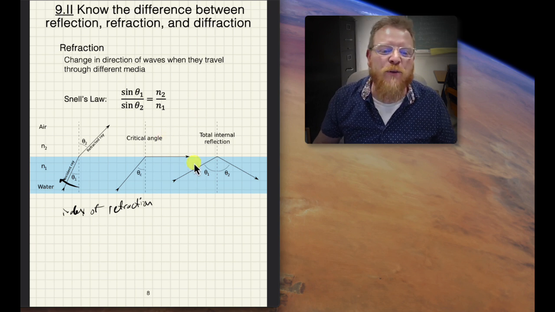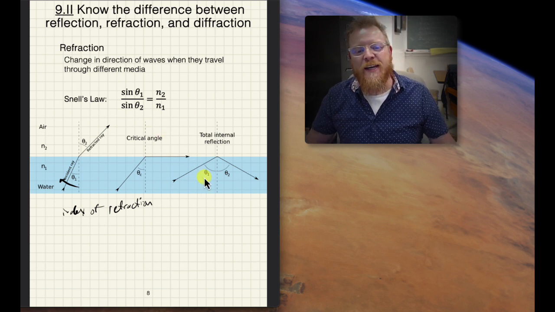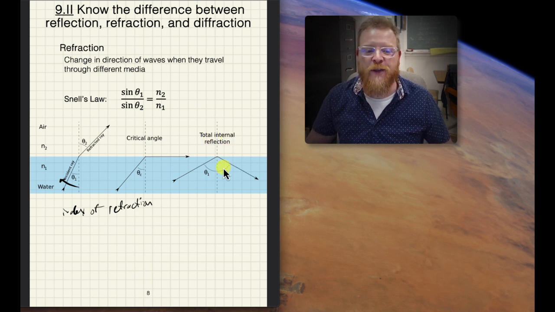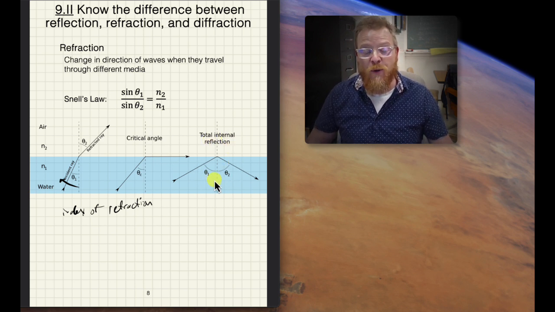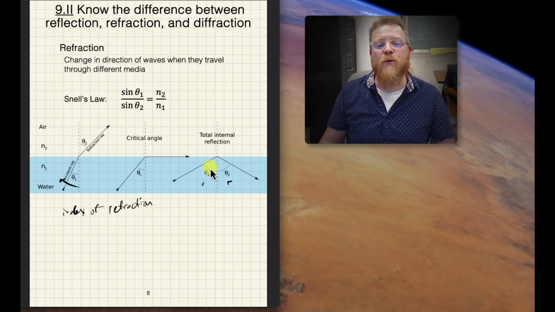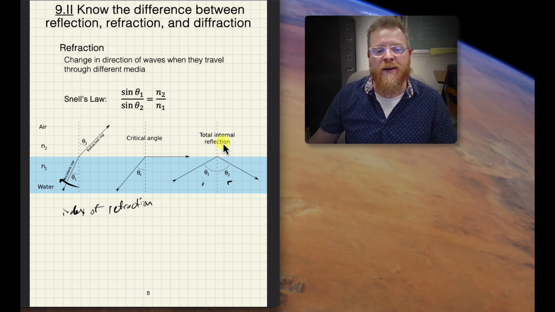We can get a similar optical illusion from total internal reflection, where now truly we will have the angle of incidence matching the angle of reflection. This is a really cool phenomenon in various forms of spectroscopy.